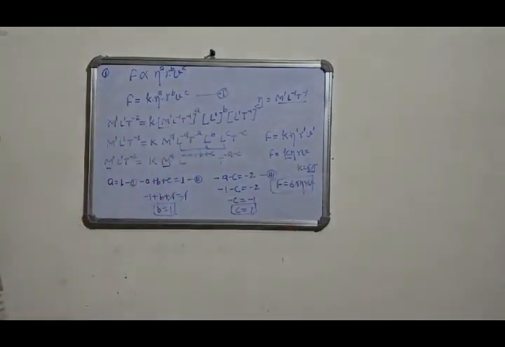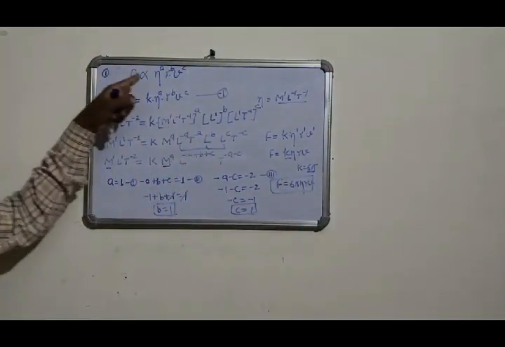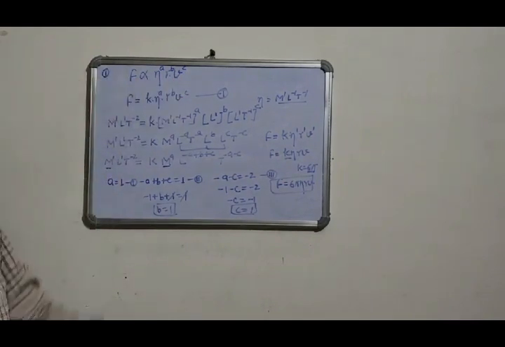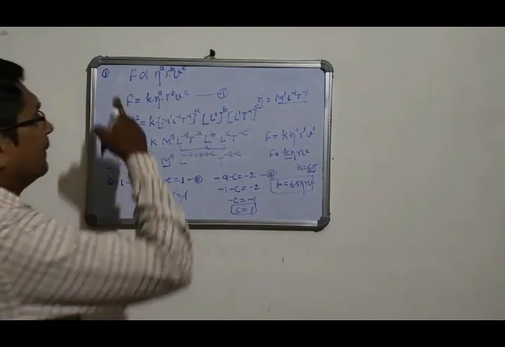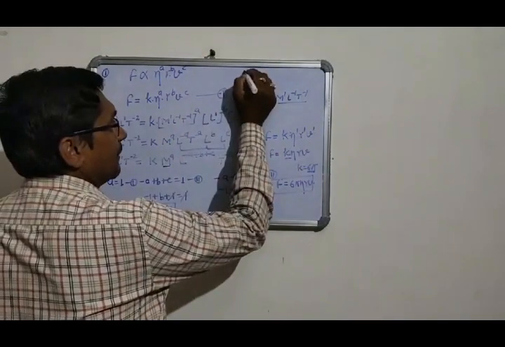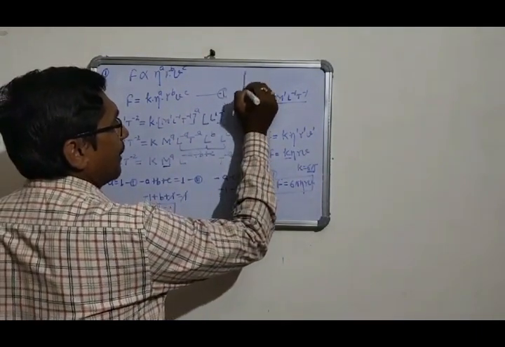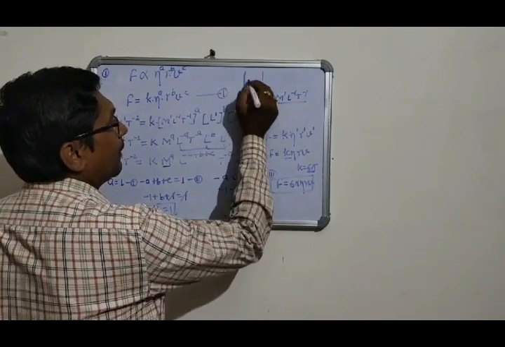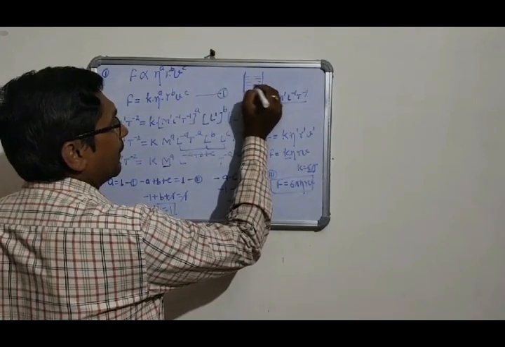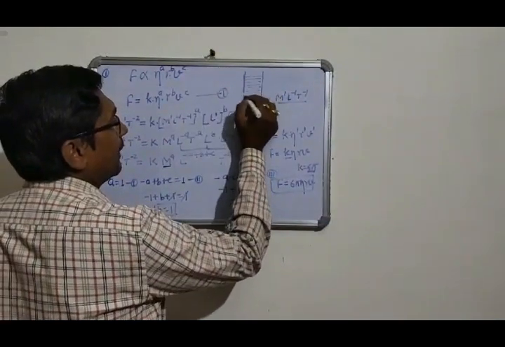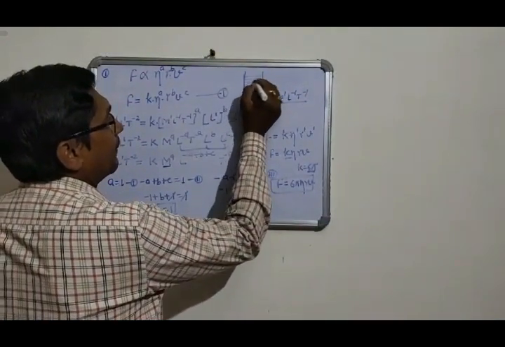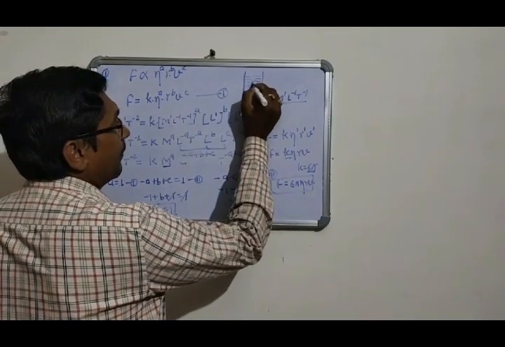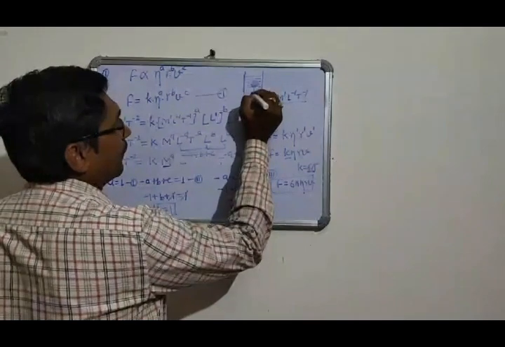This is the relation between the coefficient of viscosity eta, the radius of the ball R, the velocity V, and F, the viscous force. This viscous force develops when a ball falls inside a liquid. Suppose this is a cylindrical jar filled with liquid, and a ball is moving downward.